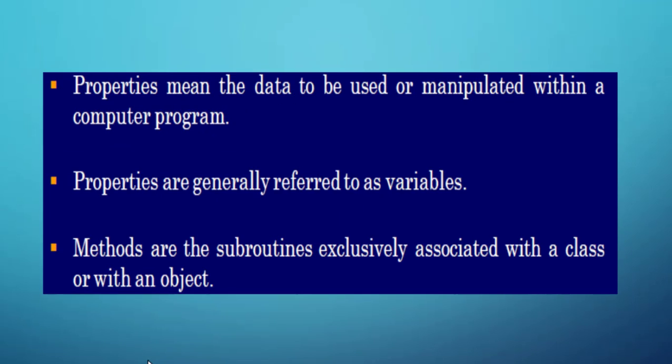Properties means the data to be used or manipulated within a computer program. So the properties are also generally referred to as variables, as I have said. Then methods are the subroutines inclusively associated with the class or within the object. So let's say methods are considered like functions of a class.